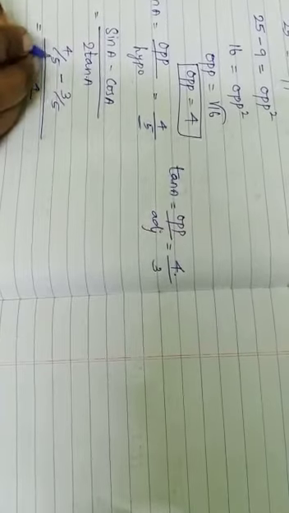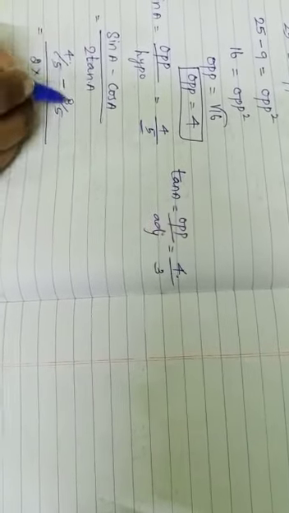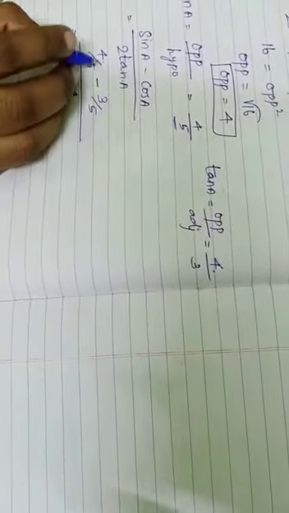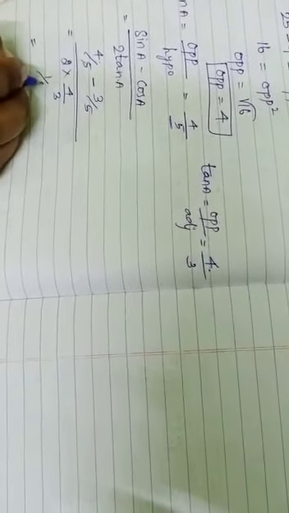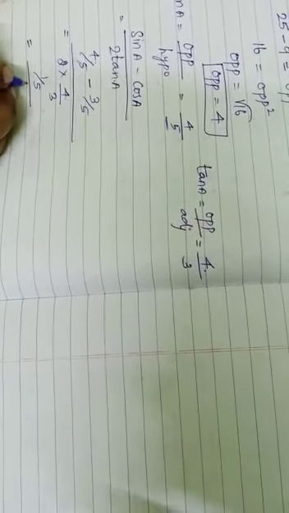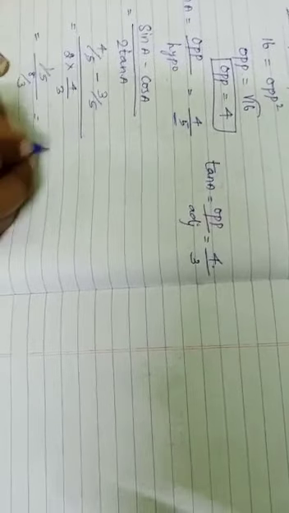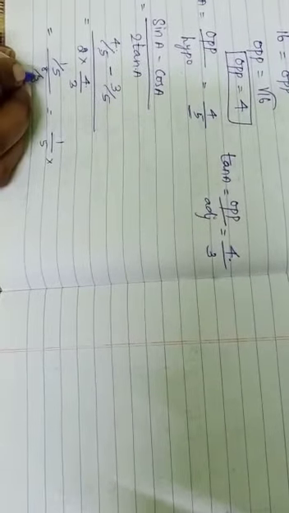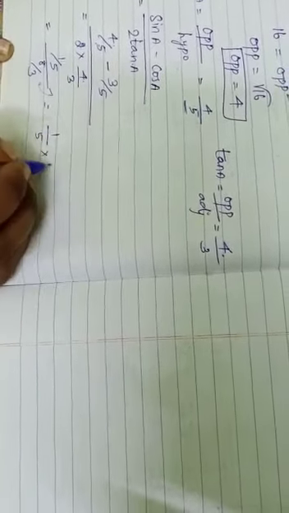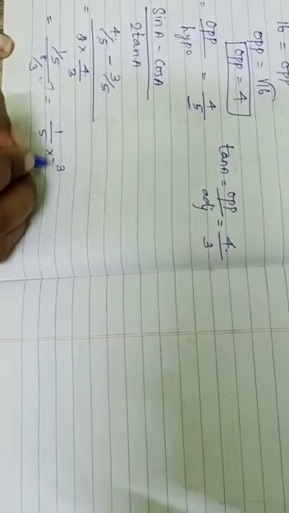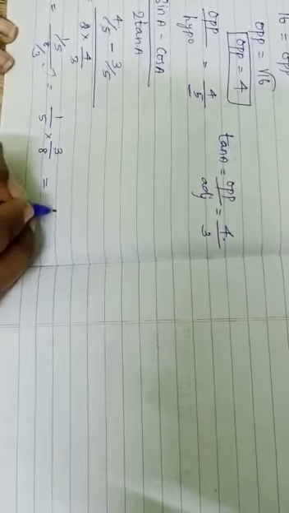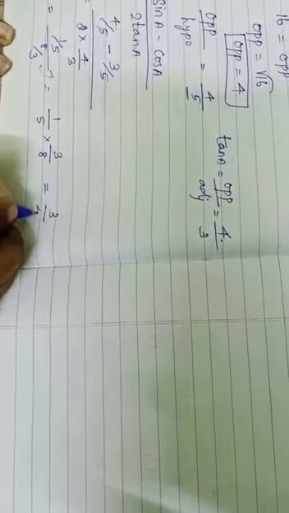And the denominator is the same, so you subtract the numerators. 4 minus 3 is 1, so 1 by 5. Next, 2 4s are 8, so 8 by 3 is equal to 1 by 5. The 8 by 3 upside down changes into reciprocal, 3 by 8. So the answer: 3 5 8s are 40, so 3 by 40.